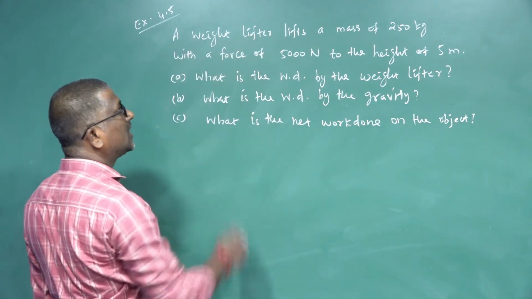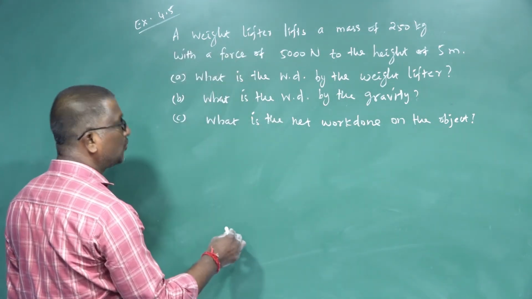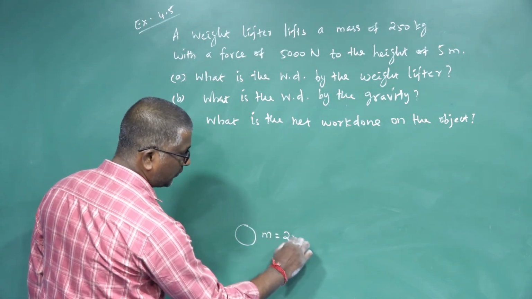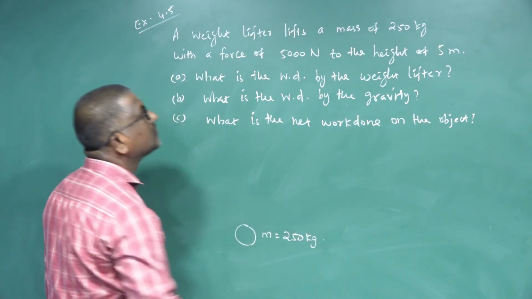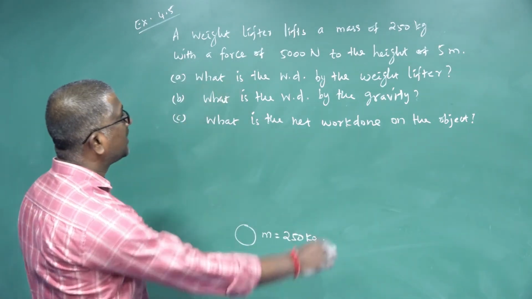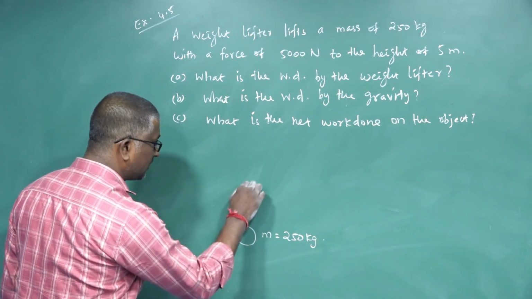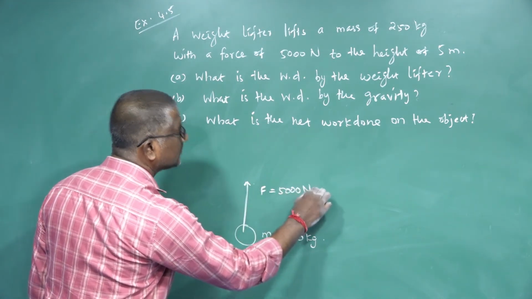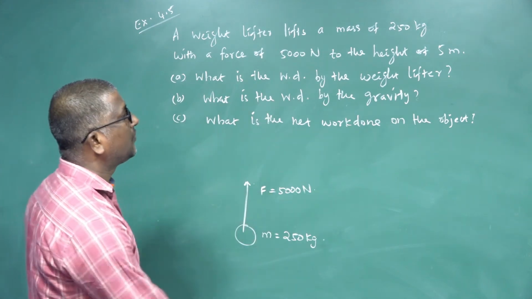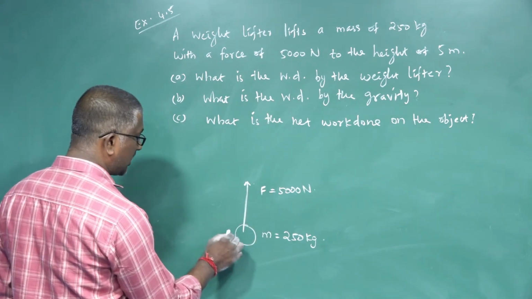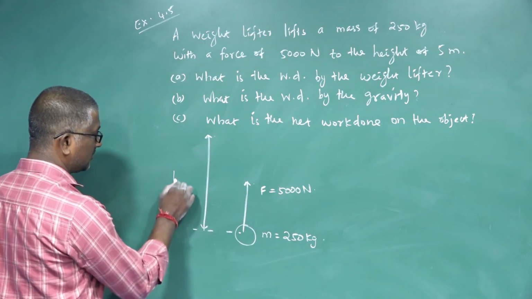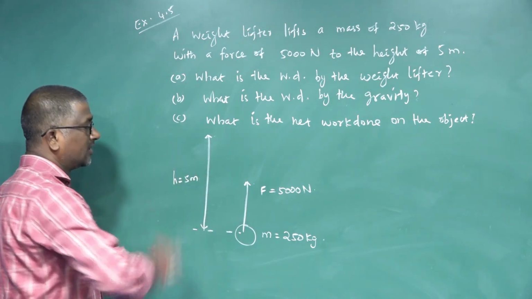Question: a weightlifter lifts a mass of 250 kg with a force of 5000 Newton to the height of 5 meter.